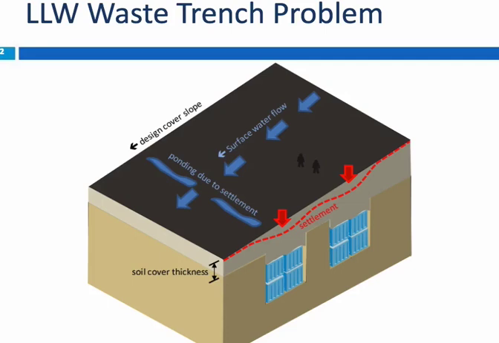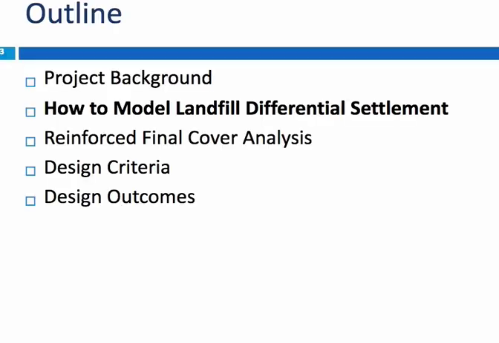Those depressions would allow the buildup of water. That water would then provide the source of a gradient to push water through holes in our geomembrane and then percolate through the final cover and into our waste, which is a condition that we're trying to minimize to an acceptable level.